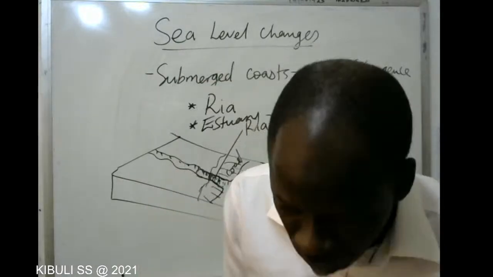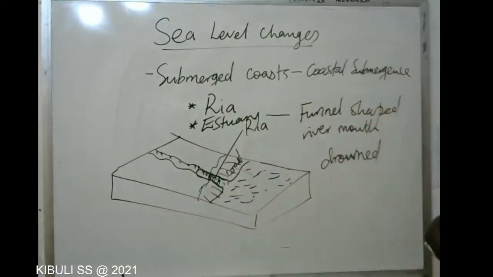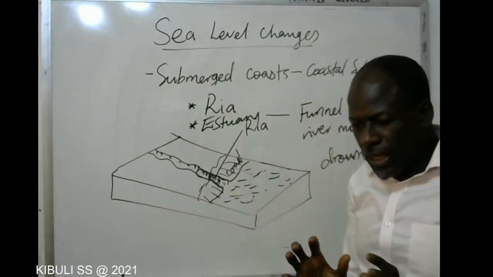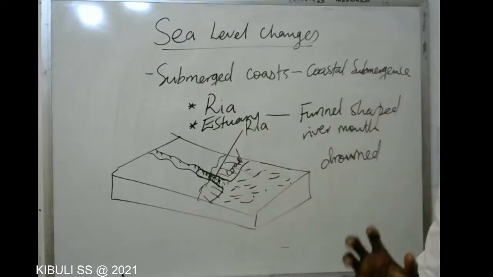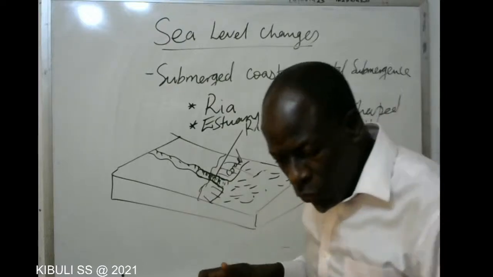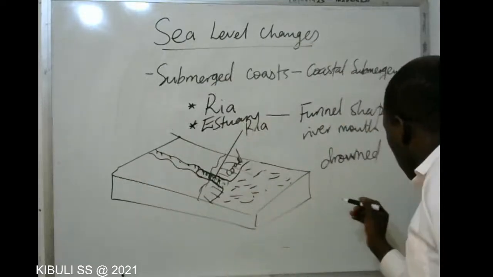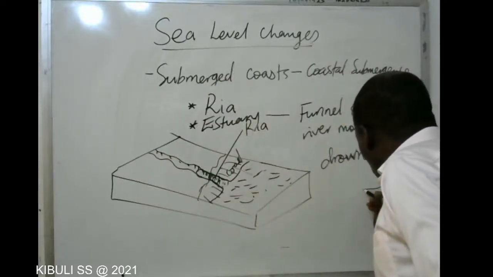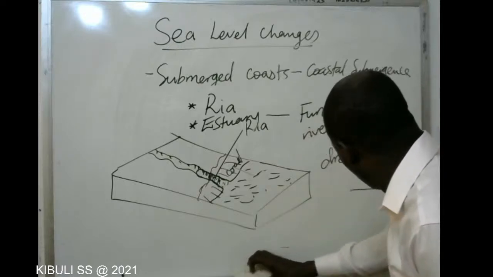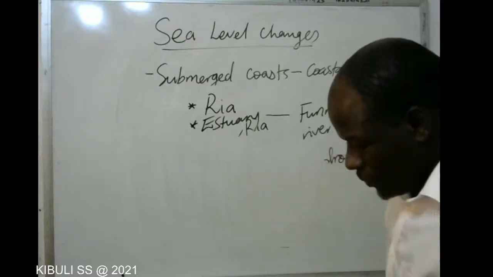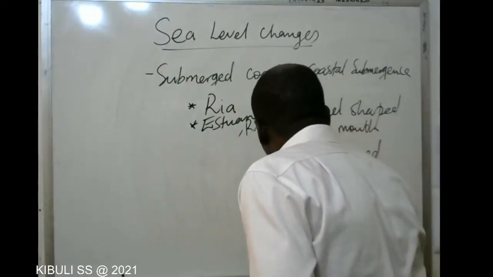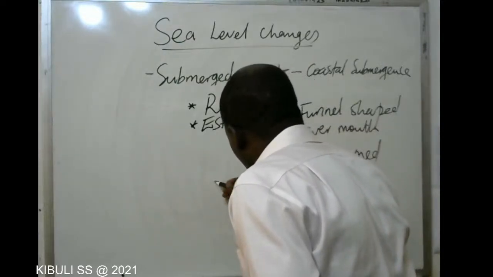So when sea level rises, the river mouth, that part of the river where it joins the sea or the lake, is flooded or occupied by sea water, and it forms that funnel-shaped extension of the sea.